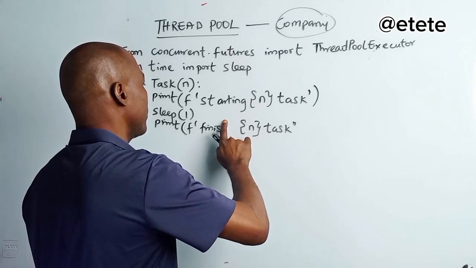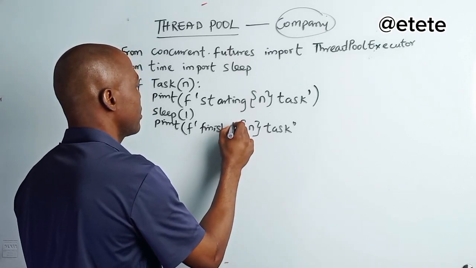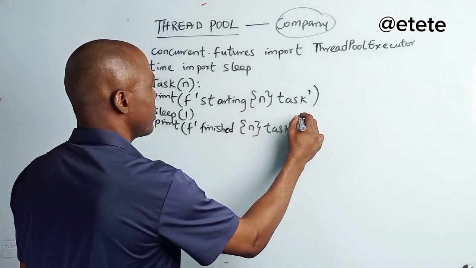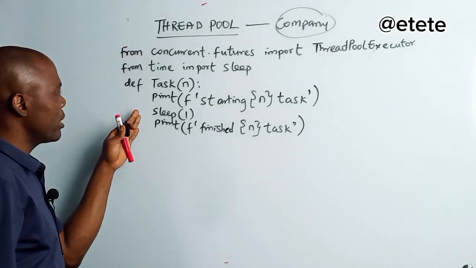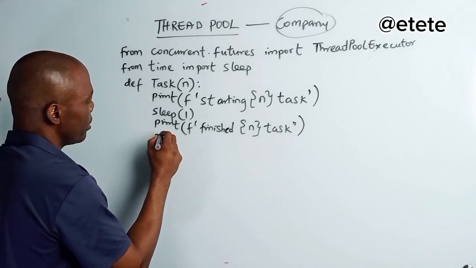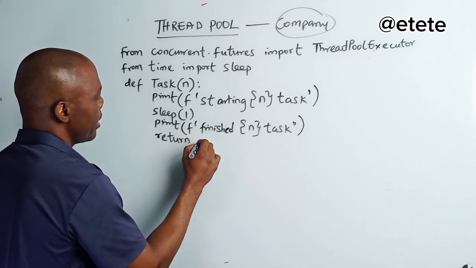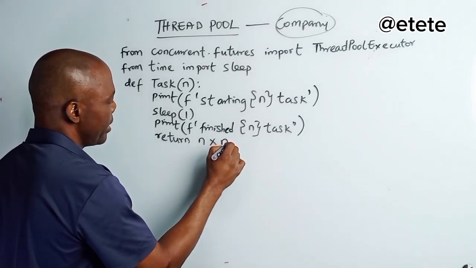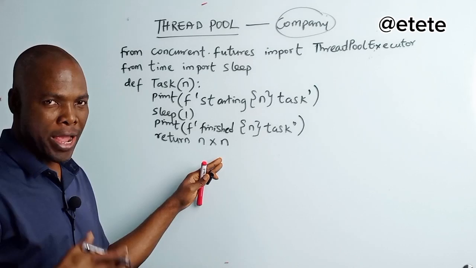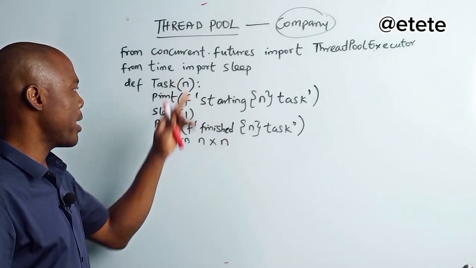Here I will say finished, n task. Okay, so this is my task. Then here I will say return n multiplied by n. So this is just the square of n, whatever number I'm going to supply here.